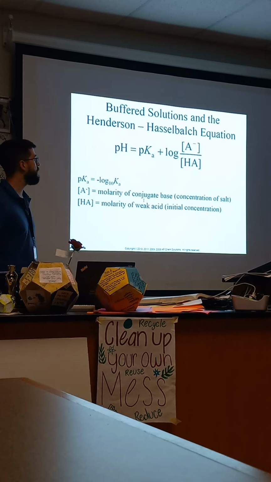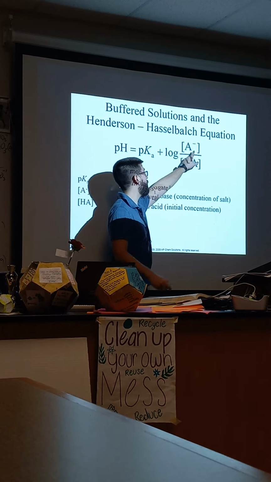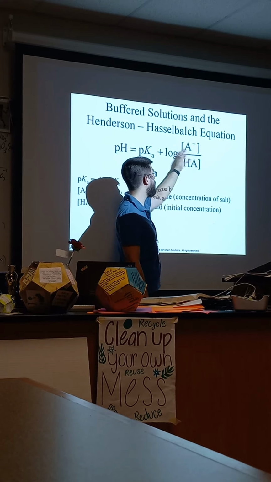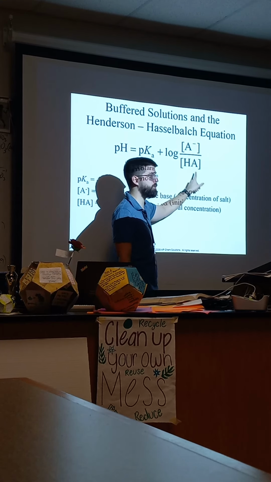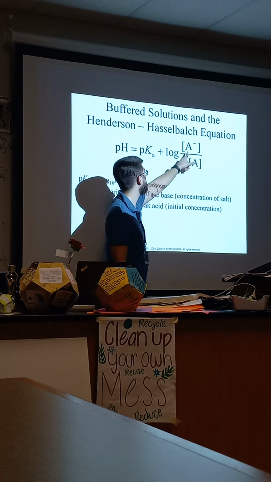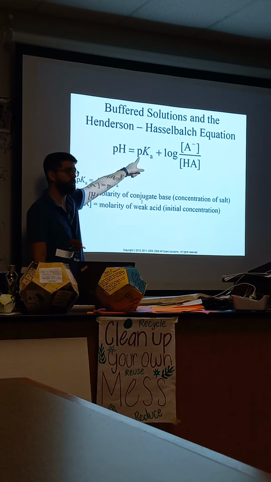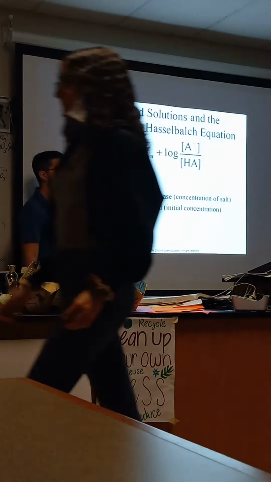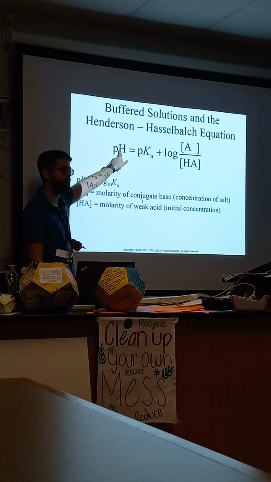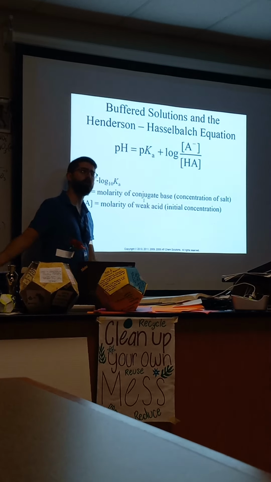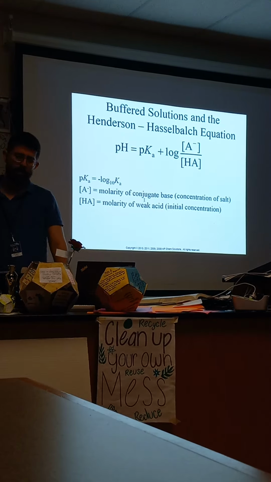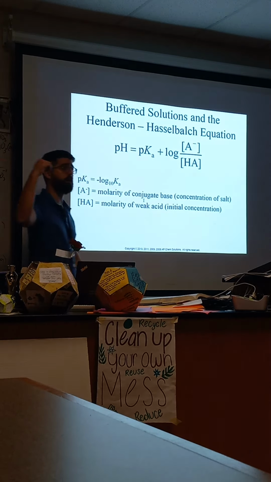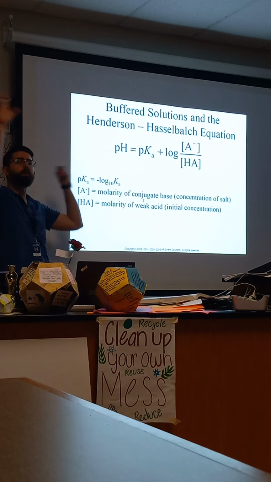And so you put the base part over the acid part, and you take the log of, and you keep in mind, these are concentrations. You take the log of this fraction, and then that gets added to pKa, and bam, you have a quick way of finding the pH. And then all the regular rules apply. If the question is weird and wants to know pOH, you would just take this answer and subtract it from 14, and then do all the other crazy stuff we've learned.